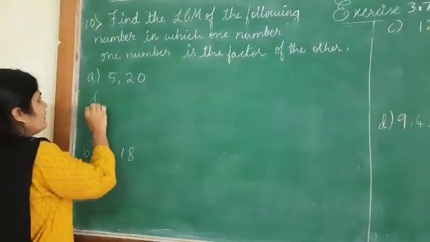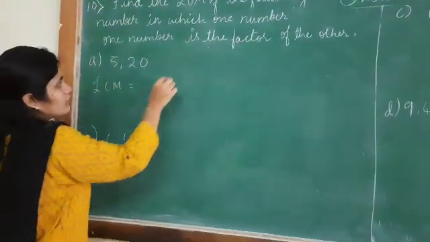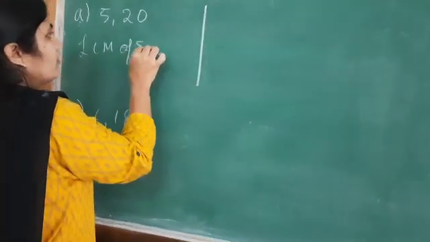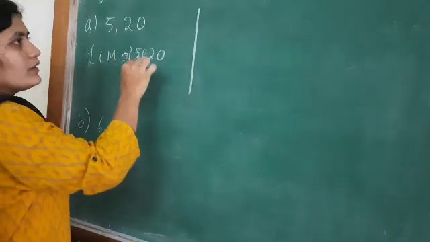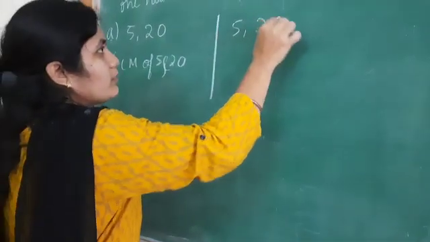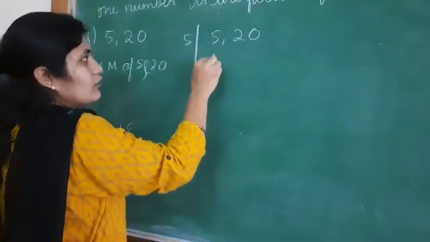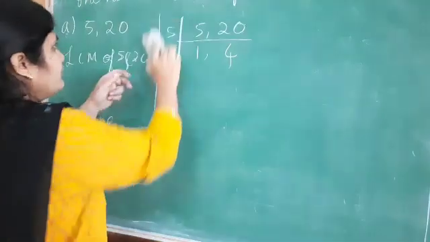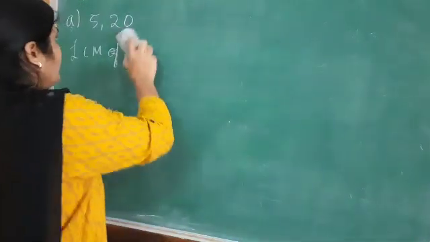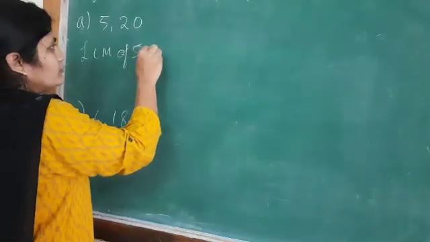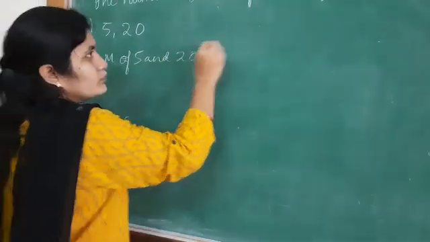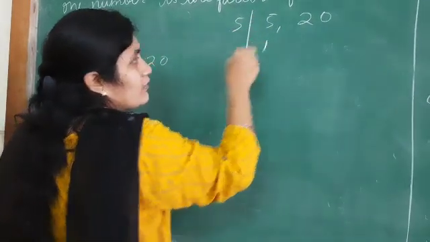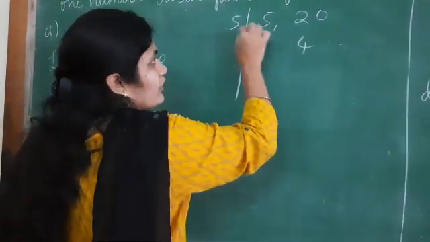We should find out the LCM, and just see LCM of 5 and 20. 5 1s are 5, 5 4s are 20.